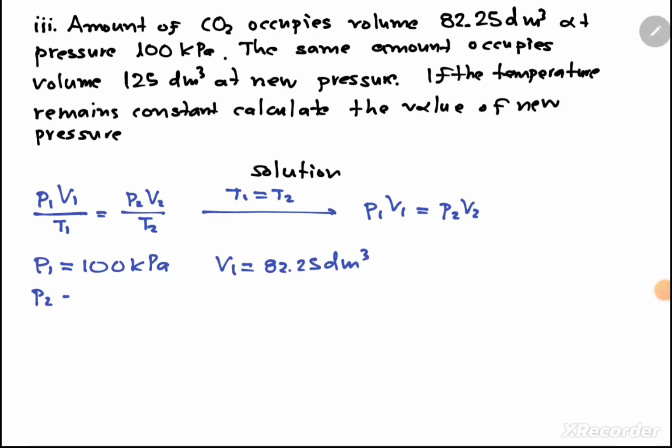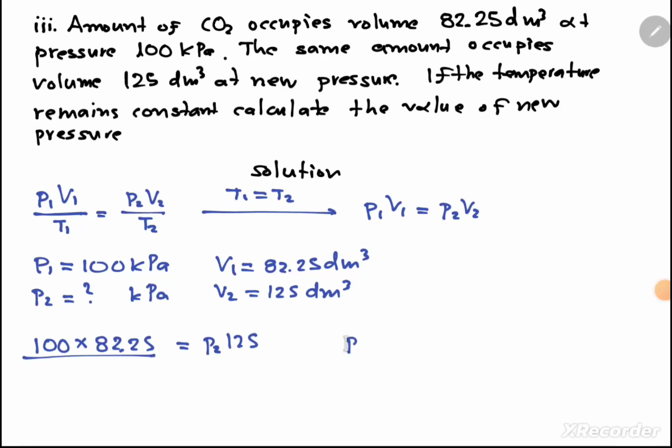For the second condition, we have the asking pressure and volume. Be careful to have the same units. So we have the asking pressure is equal, and the value is 65.80 dm to the cube.